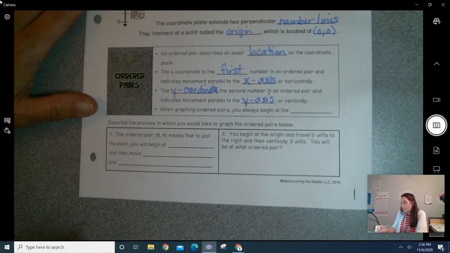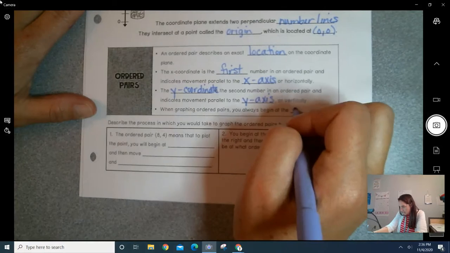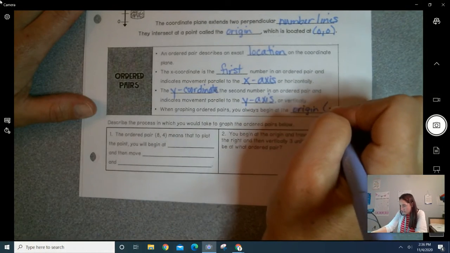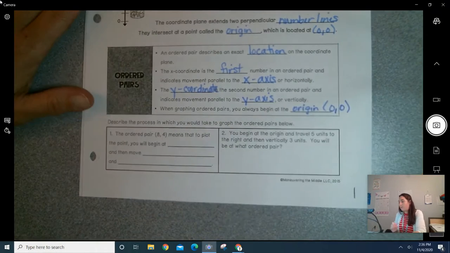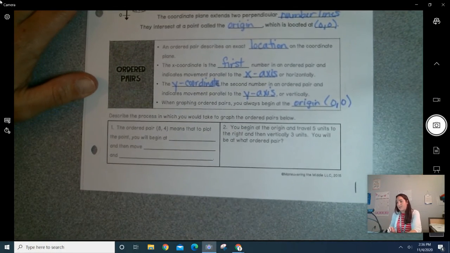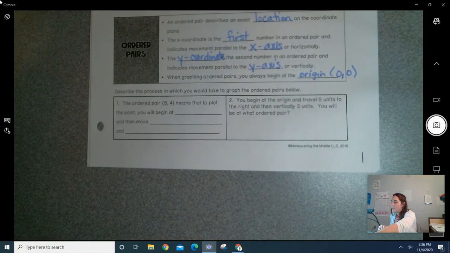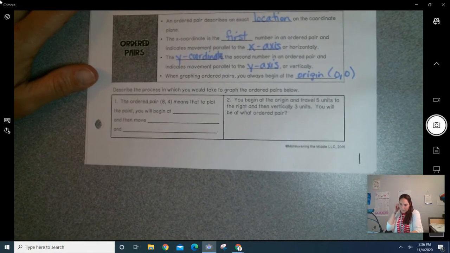When graphing ordered pairs, you always begin at the origin. And we already said the origin was the point 0, 0. If that doesn't make sense, don't worry.